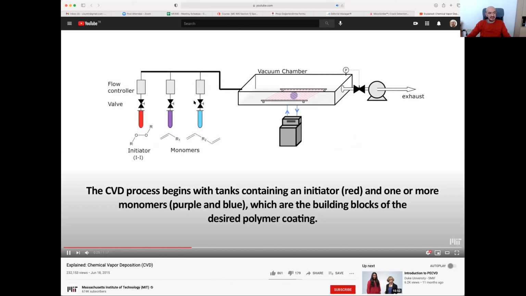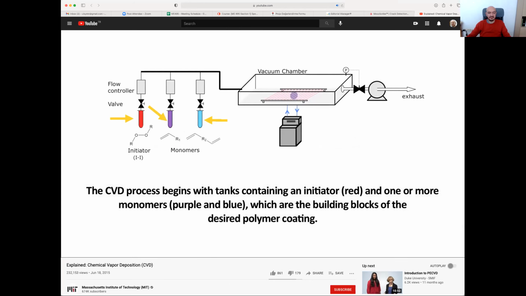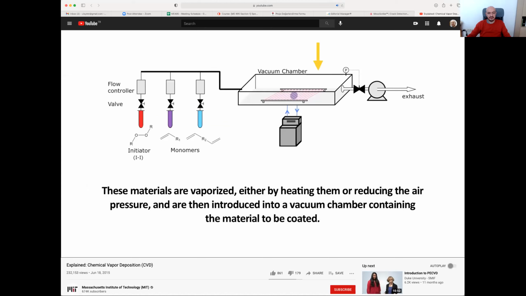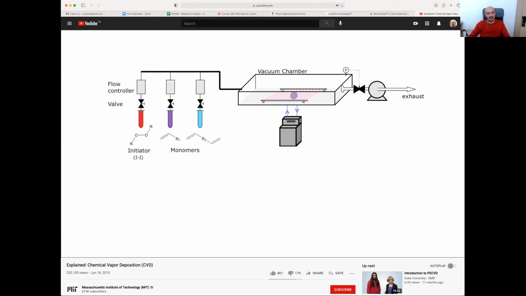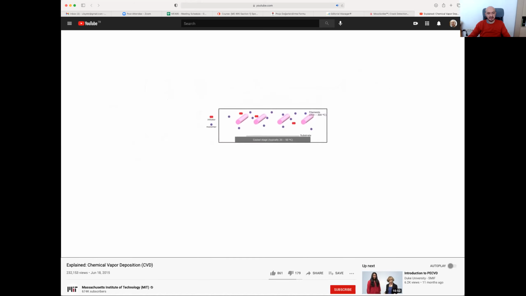So you can have different materials. It might be a photoinitiator, you have monomers. Then in this vacuum chamber, we will have the actual polymerization.